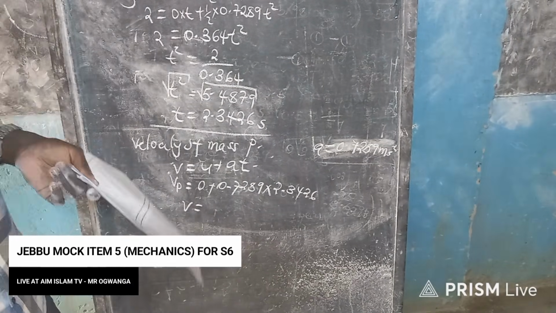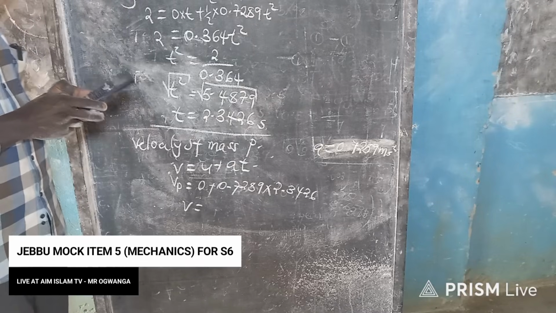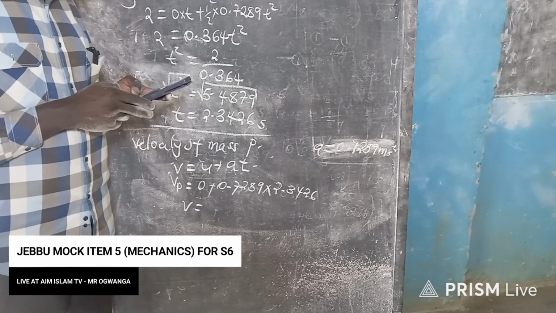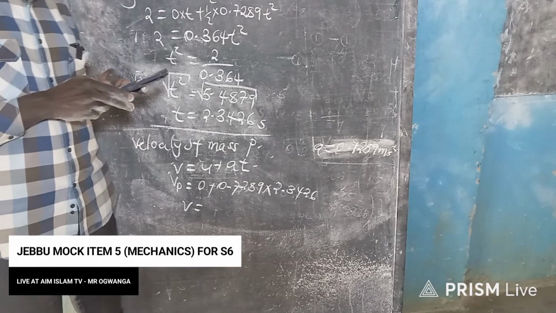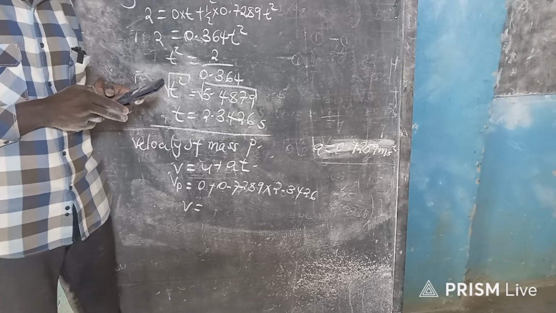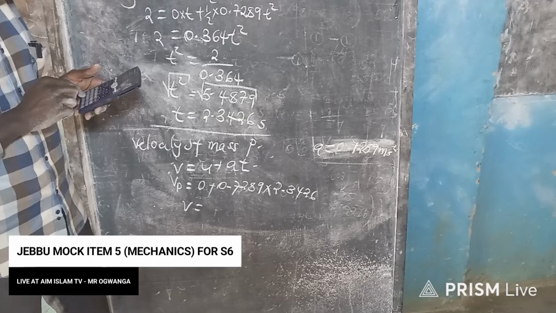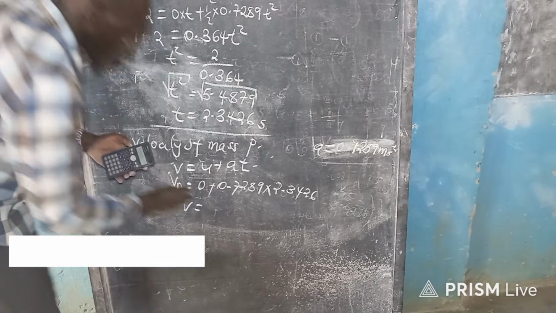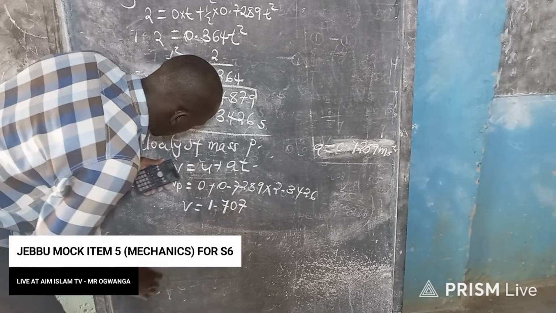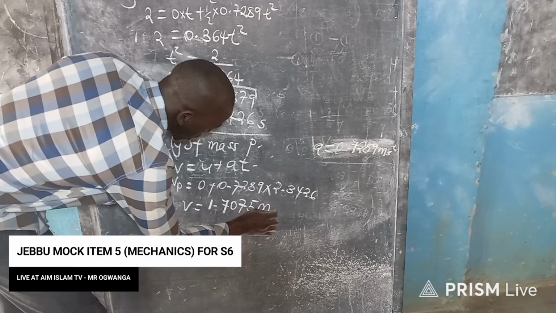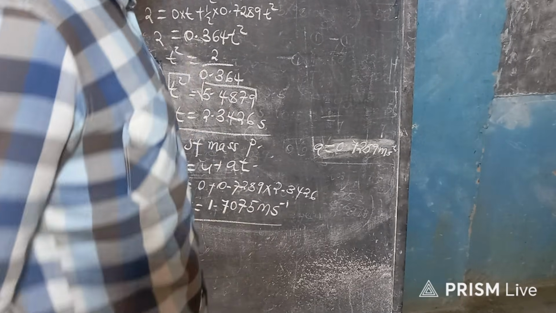So this velocity is 0.7289 times 2.3426, which gives 1.7075 meters per second. That is the velocity.